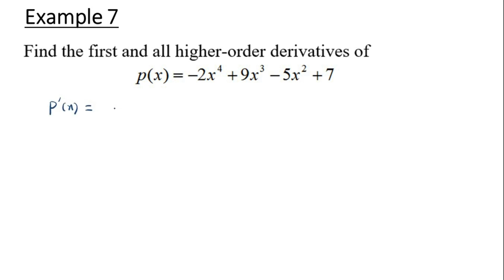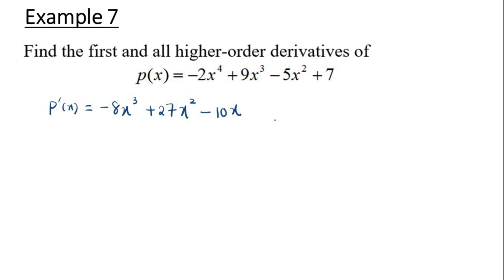So differentiate this, we're going to get negative 8x cubed plus 27x squared minus 10x. And that's it, because for the last term, if we differentiate 7, you're going to get 0. And that's going to be our first derivative.